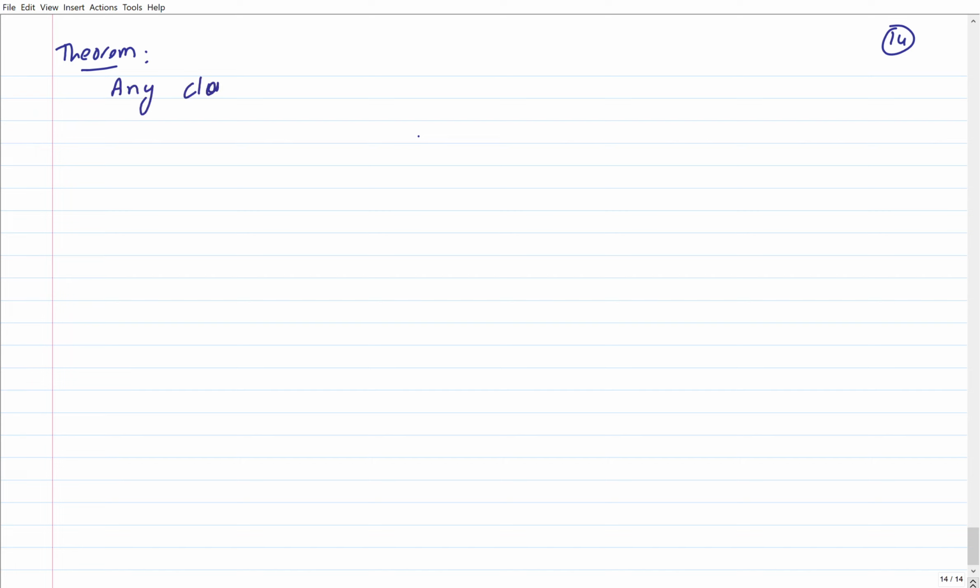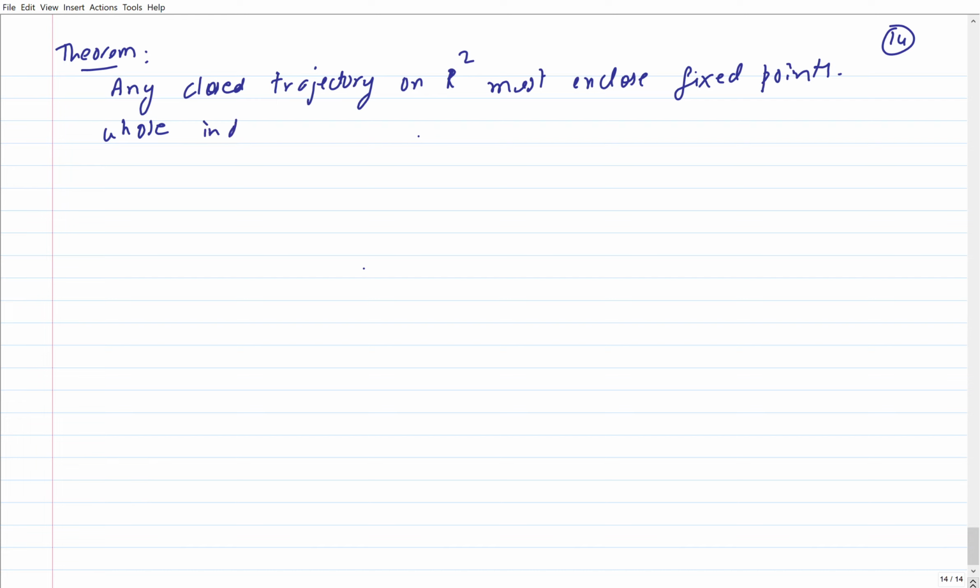Any closed curve, I should say any closed trajectory, on R square must enclose fixed points whose indices add up to +1.